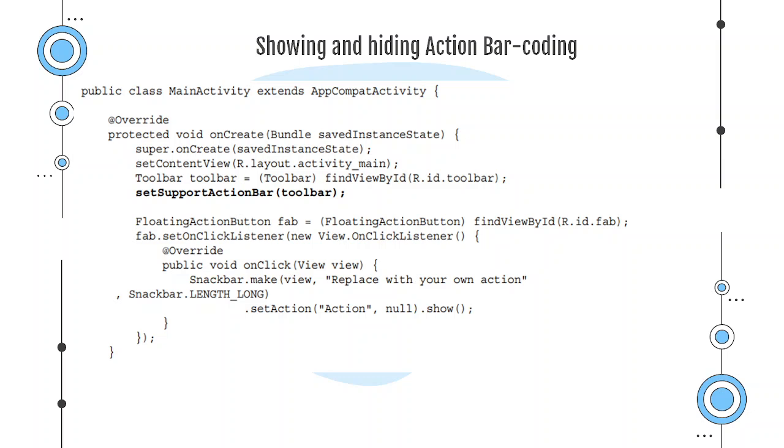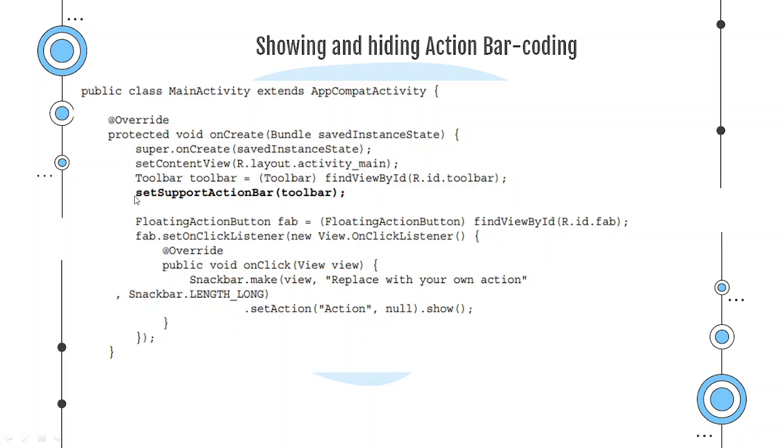Here we have used setSupportActionBar, the letters which are given in bold. This is used to either show or hide an action bar in the output of the app. When it is given in the coding part, then an action bar will be shown in the output.